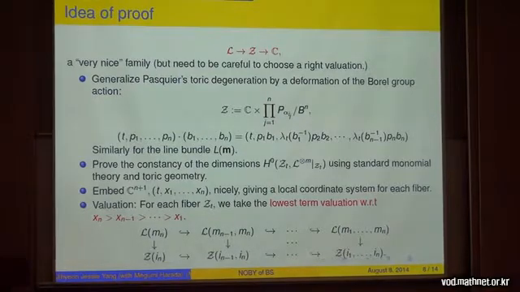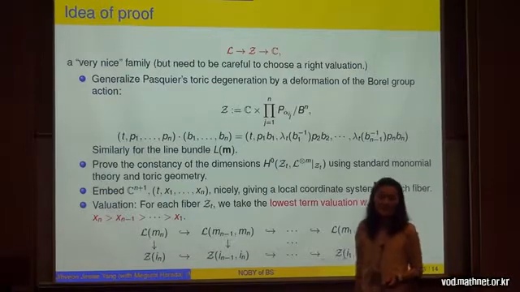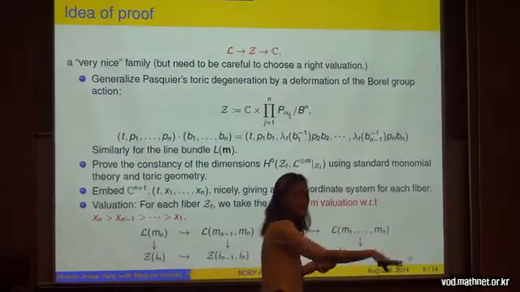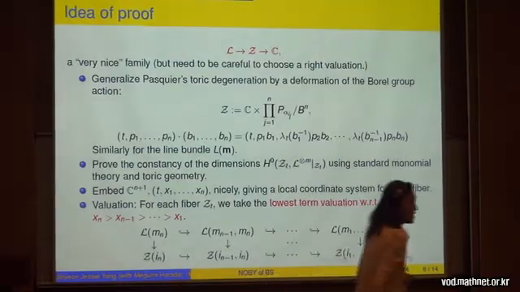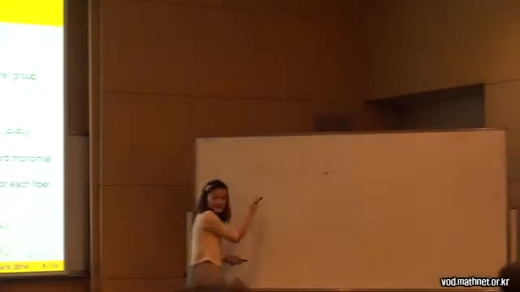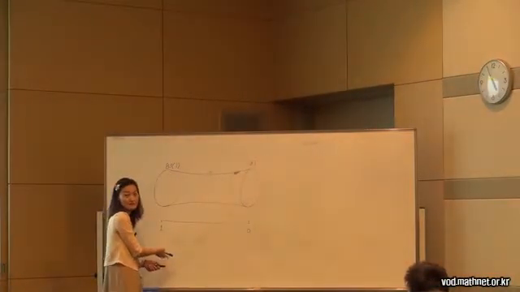If the numbers are different, then it's not optimistic. We want to show that the values we are finding from the Bott tower are exactly the same as the values we are finding on the Bott-Samelson variety.